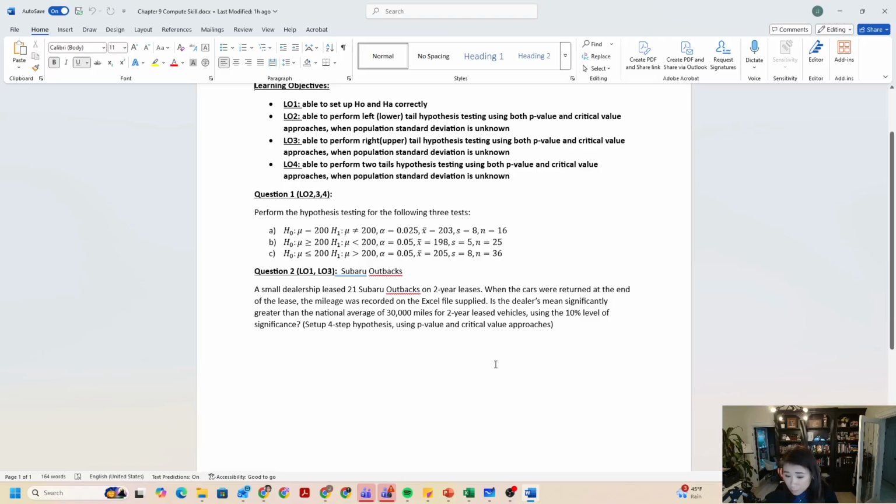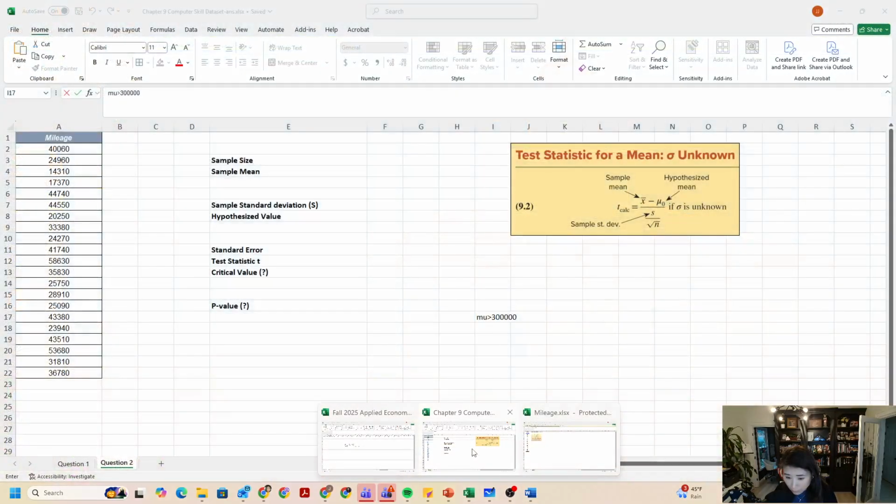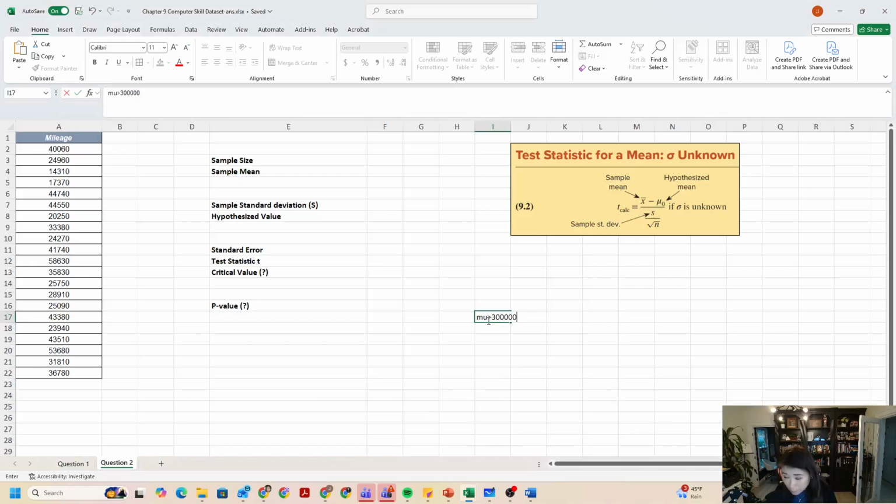The other reason we know what we're listing here has to be our H alternative is that we are trying to challenge the status quo. Also, as you see here, there's no equal sign. Dr. Jiang mentioned in the regular lecture that H0, your null hypothesis, always has to have the equal sign. Given what we are trying to solve here, there's no equal sign involved, so this goes into the alternative hypothesis. Both approaches support that what we read from the question is my H1.